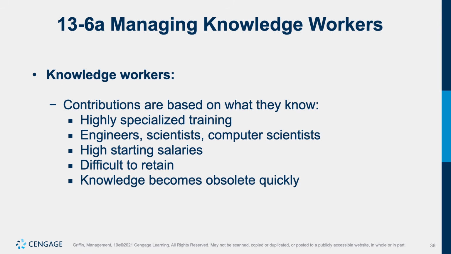And whatever knowledge they possess becomes obsolete quickly, right? So you find out that these knowledge workers tend to work in high technology firms and are usually experts. And they love to work independently, and they tend to identify more strongly with their profession than with the organization, right?